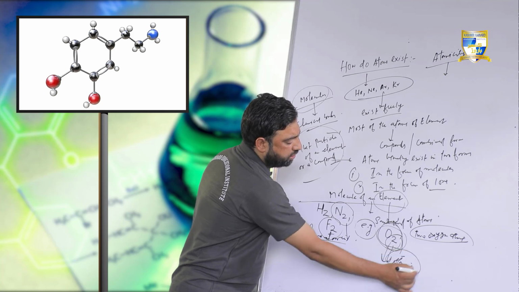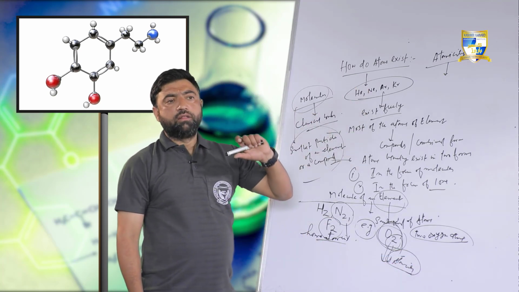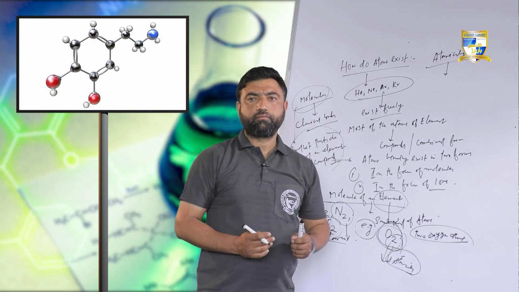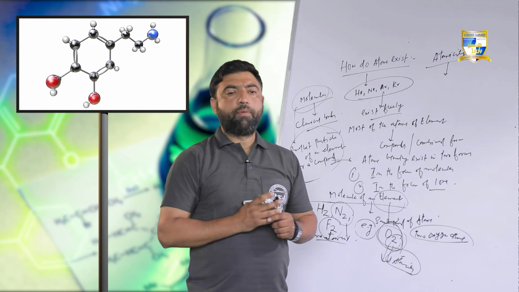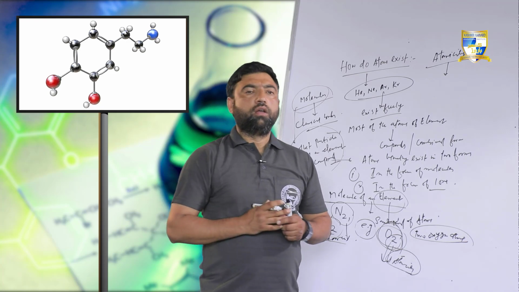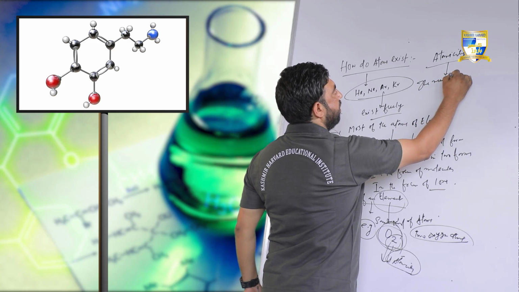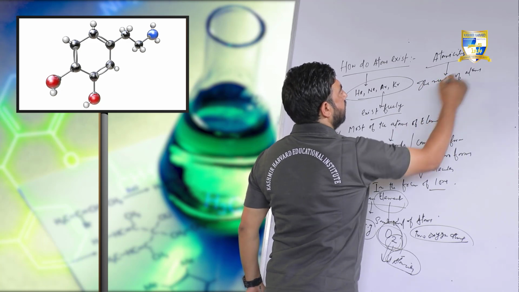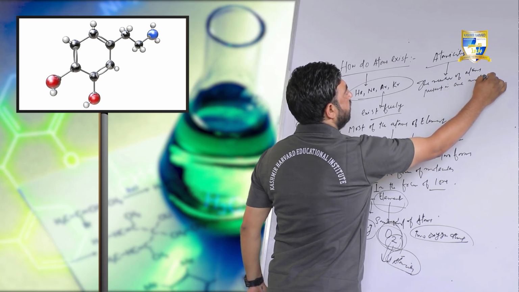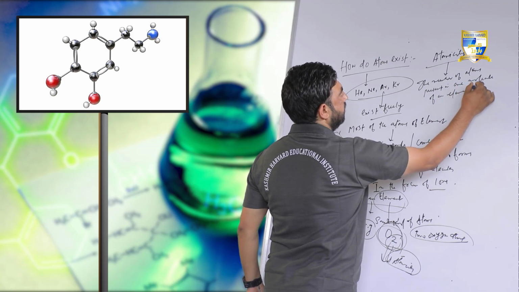You know what atomicity tells us? Atomicity means the number of atoms present in one molecule of an element. The number of atoms present in one molecule of an element is called atomicity.